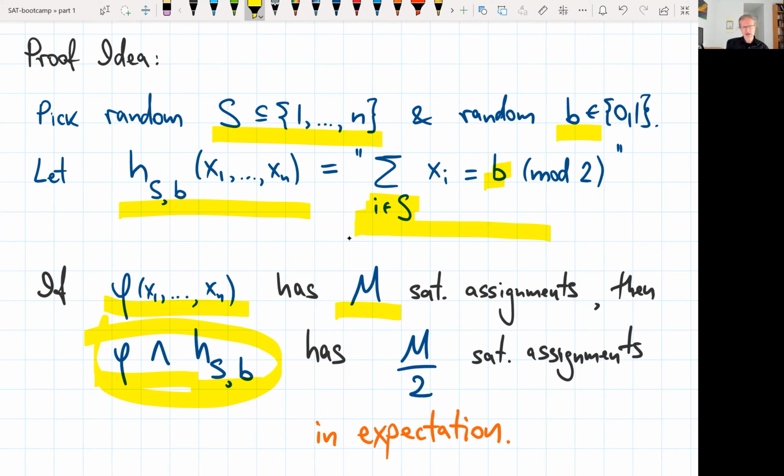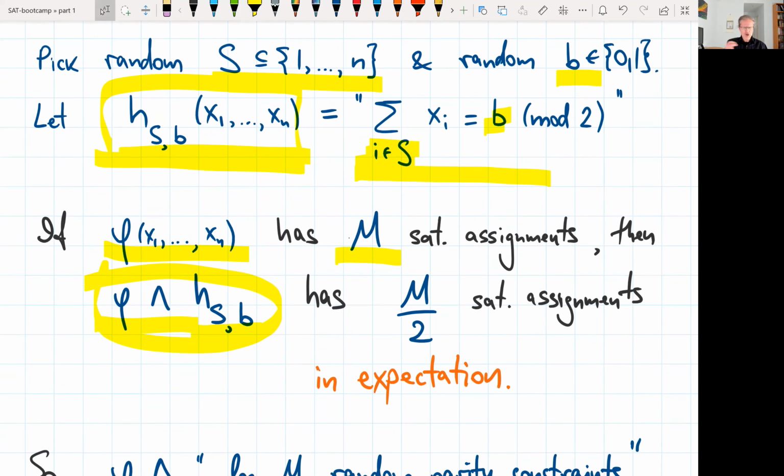Because a random parity constraint is expected to kill off half of the assignments in the formula phi. If you look at any assignment that was satisfying formula phi, that assignment will satisfy a random parity constraint h of x1 through xn with probability exactly 1/2. Okay, that's not very difficult to see thinking about random parities.